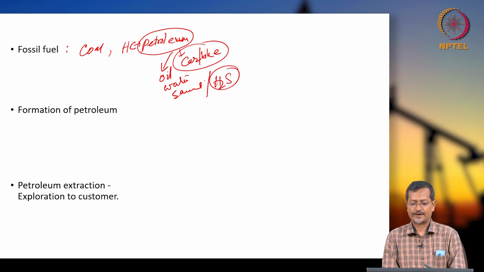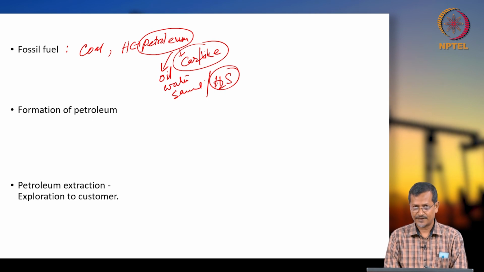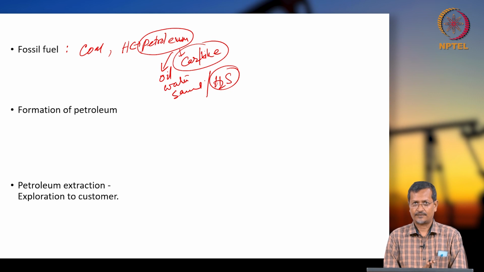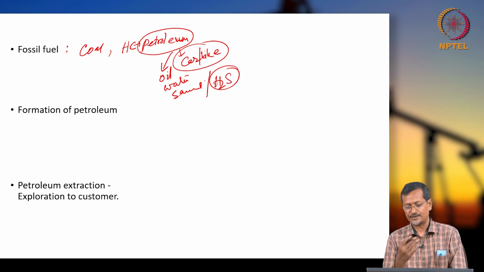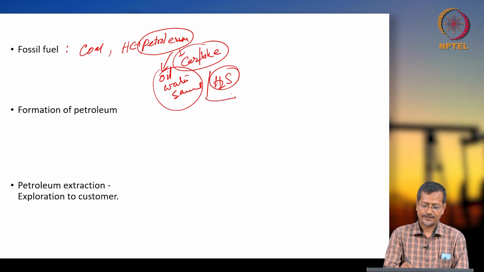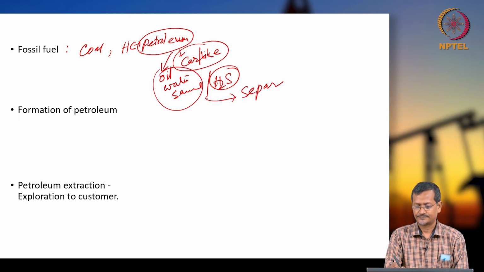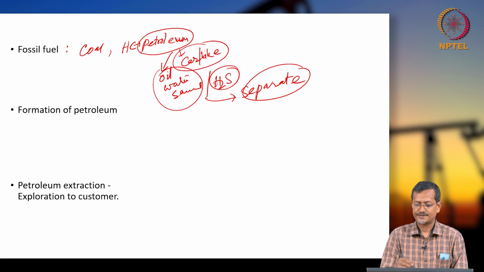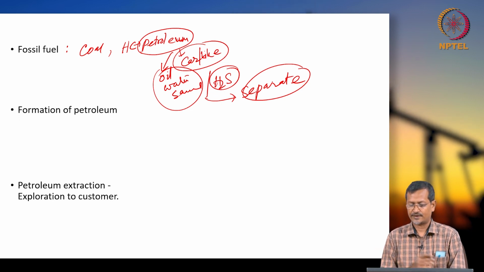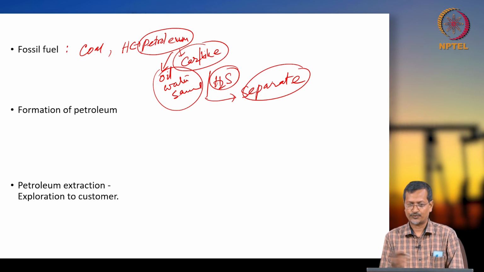You do not get money from these, so you have to remove them, otherwise there will be some issue when you are transporting or using the fuel. This you have to separate in surface production systems. That is actually my course content. I will explain later what this separation process is and how to do it.